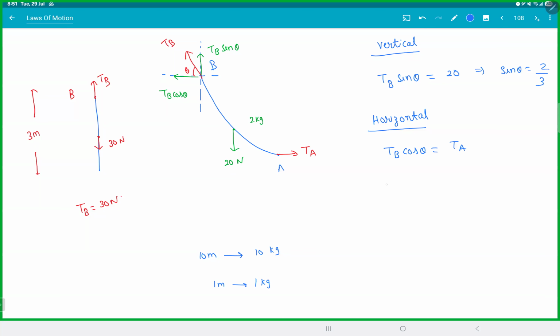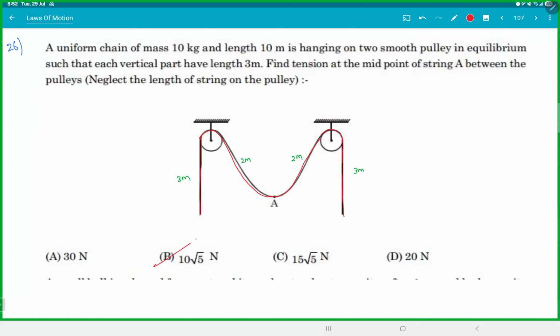If sin theta is 2 by 3, then TB is 30 and cos theta is nothing but root of 1 minus sin square theta. So this will be 30 into root over 1 minus 4 by 9. That will be root 5 by 9. 9 comes out as 3. That is your tension at A, 10 root 5. So B is the answer.